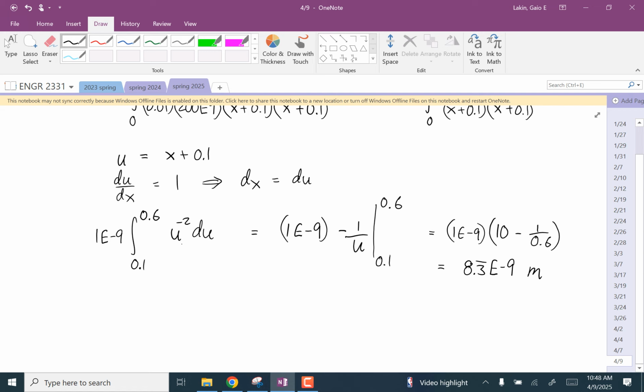Is this elongating or contracting? Positive, so elongation.